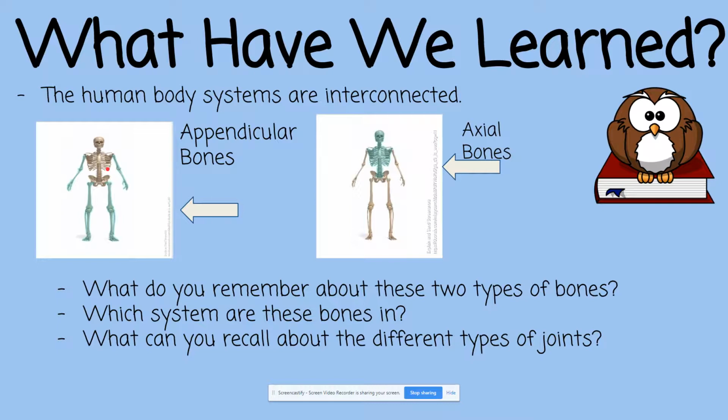We also talked about how joints are where two bones meet, and we have several different types of joints. We have joints like what are in our fingers and our elbows and our jawbone. Those are called hinge joints because they work sort of like the hinges on a door.